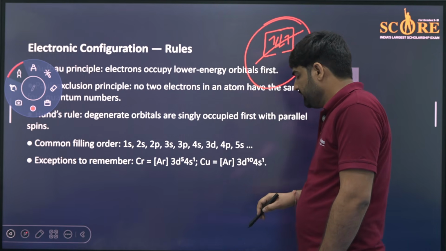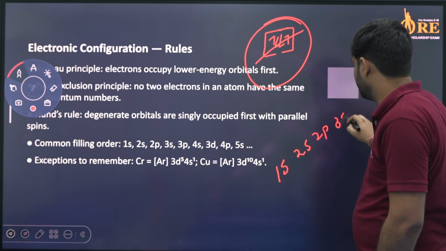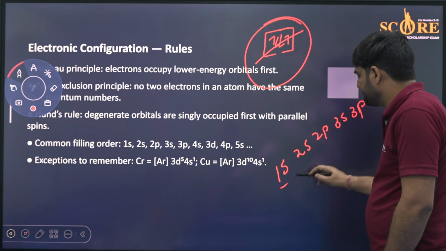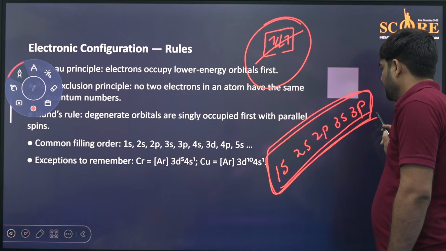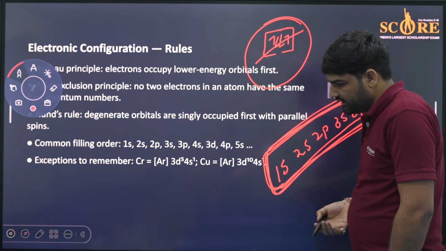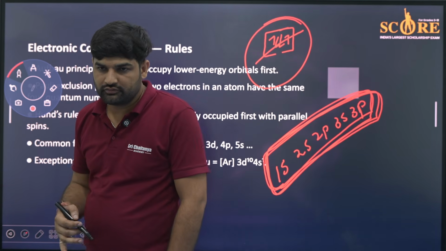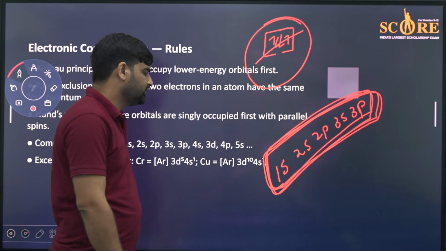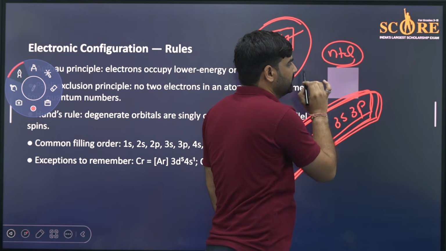Like if you want to fill electrons in 1s, 2s, 2p, 3s, 3p, this rule will decide the order of filling. It tells that electrons are filled in various subshells according to increasing energy order, and increasing energy order is decided by the n plus l rule.